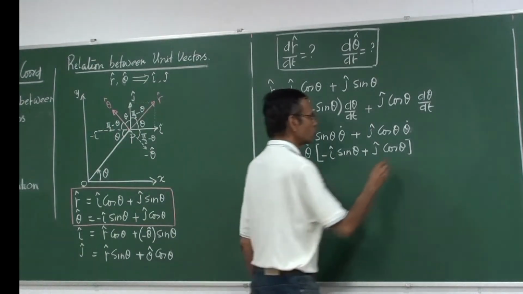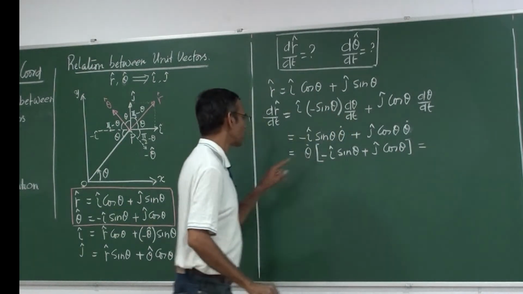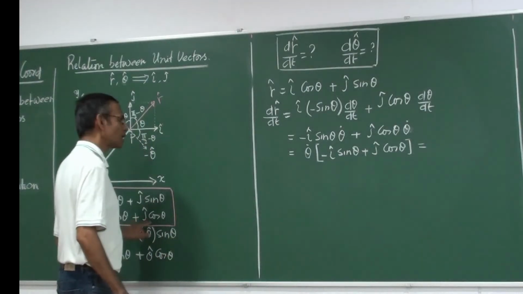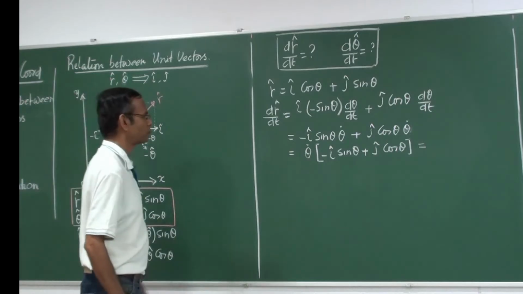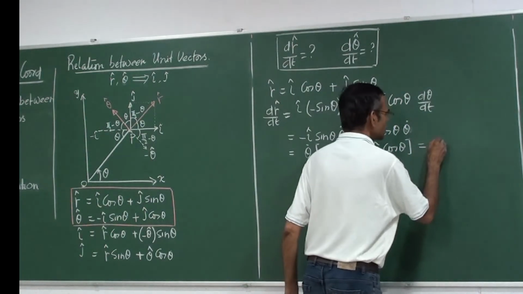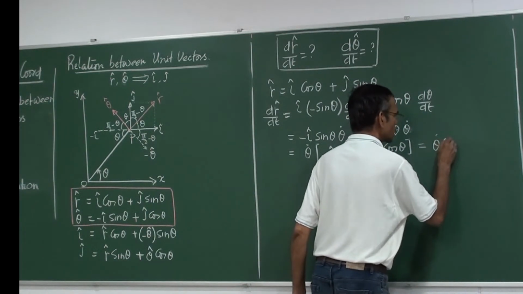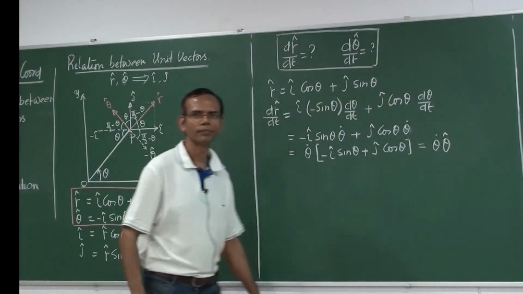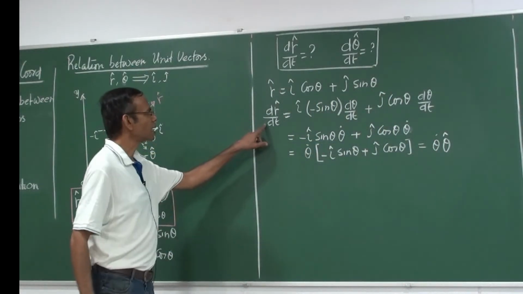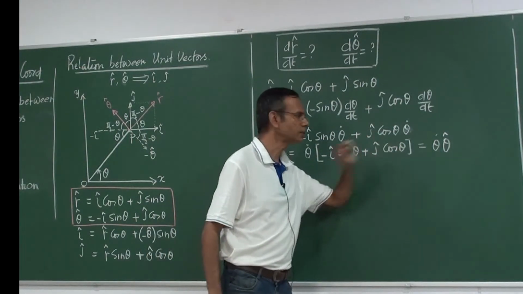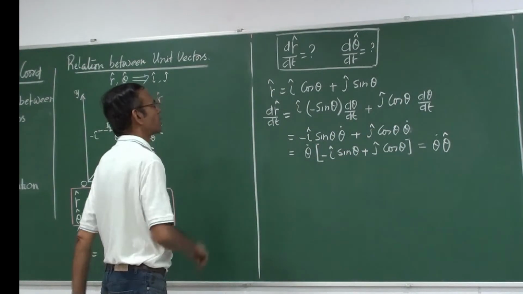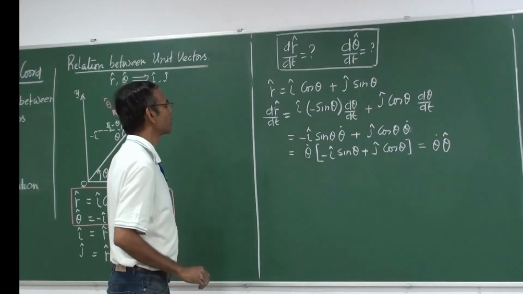And this we know very well. What is this? Minus I cap sin theta plus J cap cos theta. That is your theta cap. So this is theta dot theta cap. So dr cap by dt is theta dot theta cap. Alright. Now let us calculate the other one, d theta cap by dt.